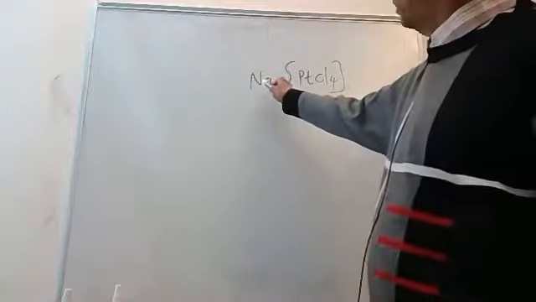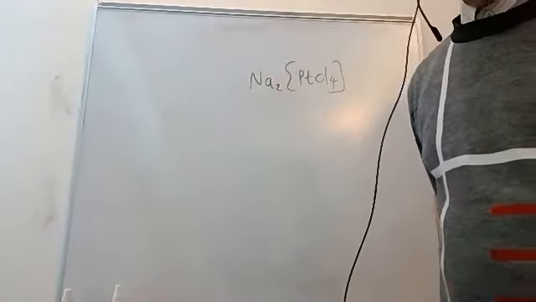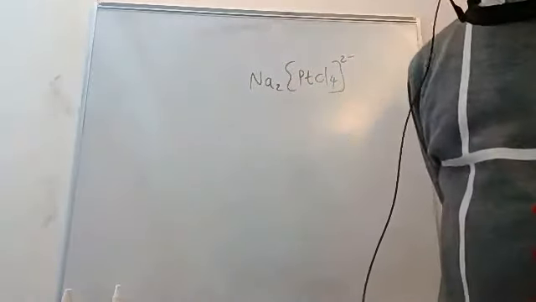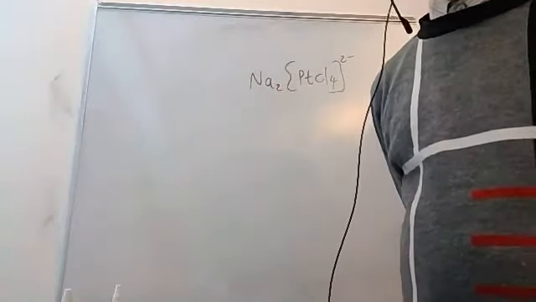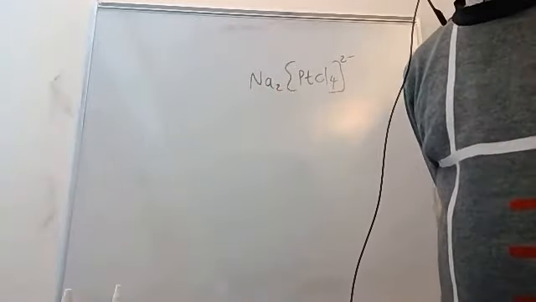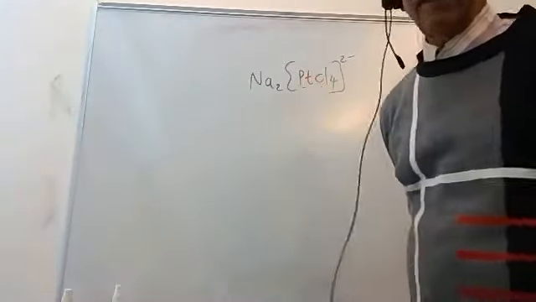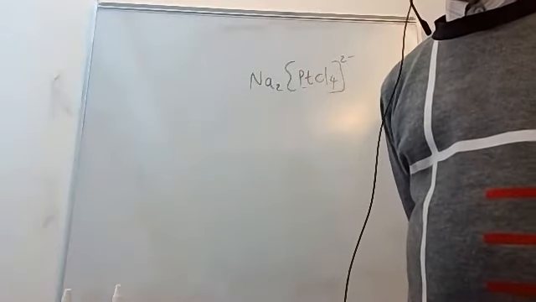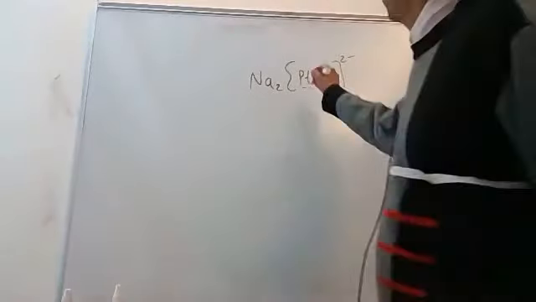I have 2 sodium ions here, right? So 2 positives. So for it to be neutral, the net charge on this complex should be 2 minus. If the net charge on this complex ion is 2 minus, what should be the oxidation state of platinum here? +2, beautiful.